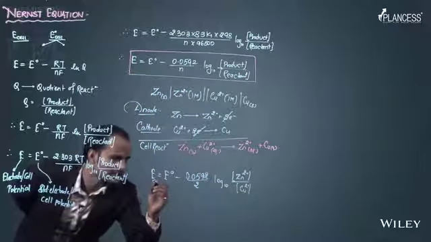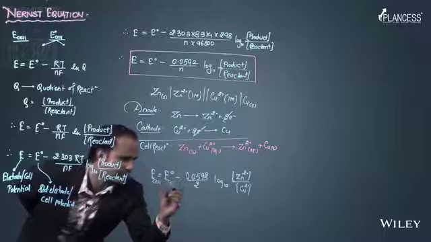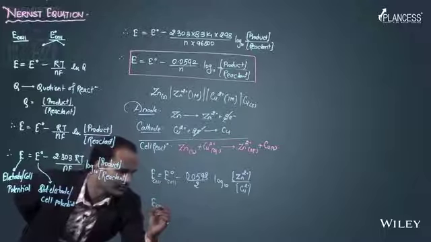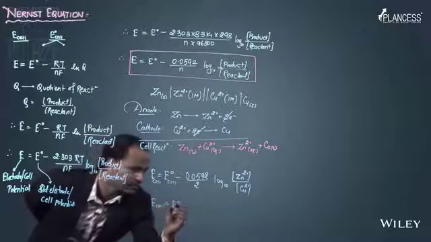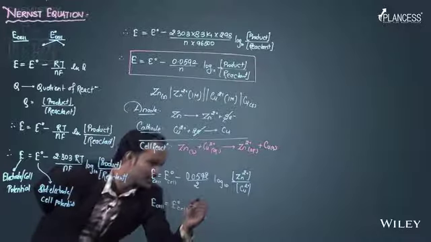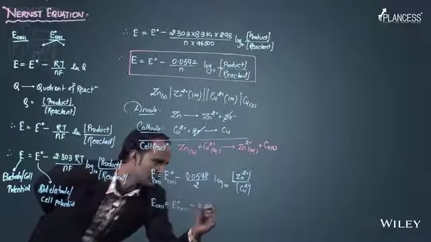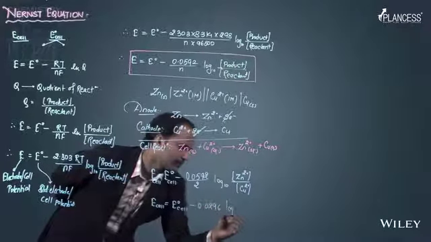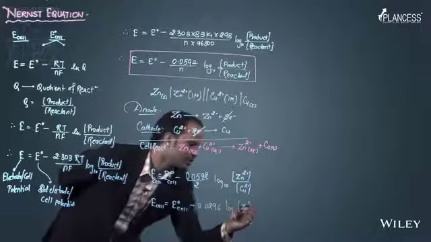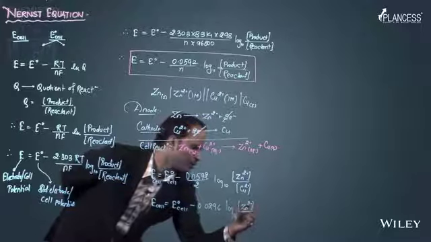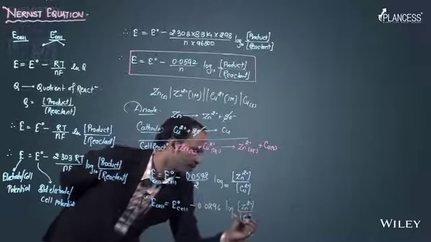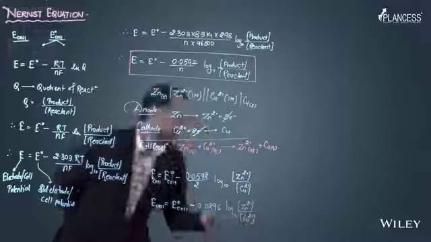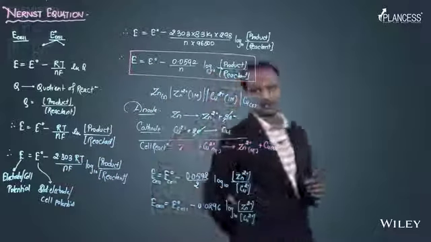Since we are writing for the cell, E cell is equal to E naught cell minus 0.0592 upon 2 log to the base 10 concentration of zinc 2 plus ion upon concentration of Cu2 plus ion. So this is the Nernst equation for a Daniell cell.